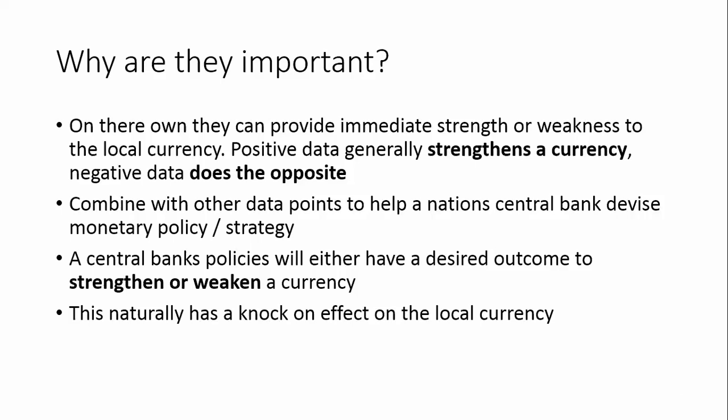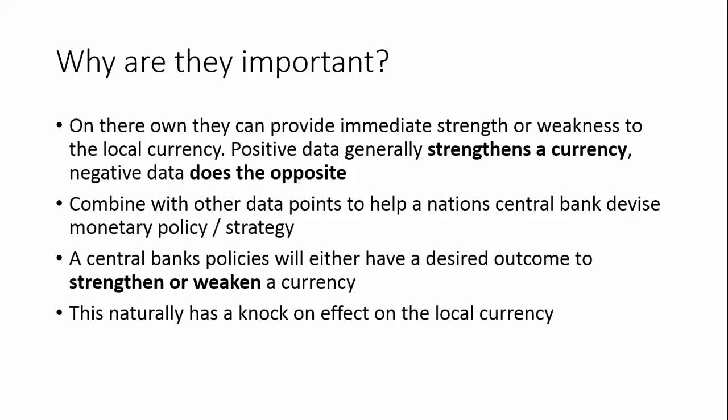When all of these data points are put together over several months, it helps a nation's central bank, such as the Bank of England in the UK, devise monetary policy, which is essentially a strategy to actively improve or take the steam out of an economy. Because if an economy is not doing so well, the central bank will want to use a strategy to stimulate it.